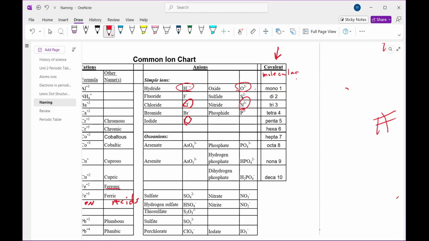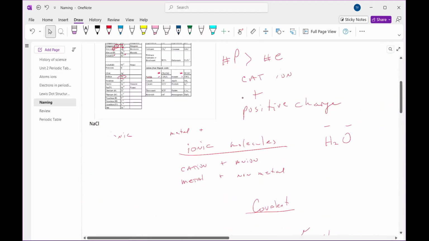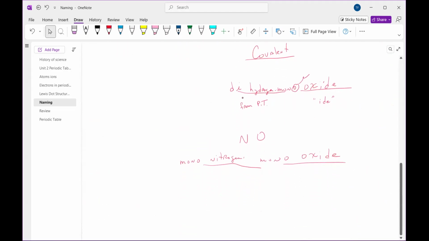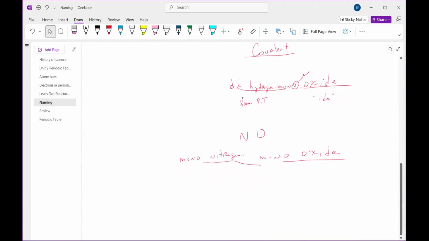So two negatives, that means we use the covalent or molecular convention for naming. Because it's not one of each. Ionic's the cation plus an anion, positive plus negative. Okay, so most people find the covalent naming convention is more straightforward than the ionic. That's why we're doing this one first.